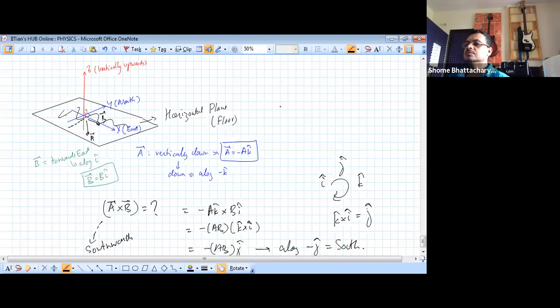So if you point your thumb downwards and your right hand fingers like this, this is vertically downwards, and your fingers are eastwards. So you see your palm will be facing in the direction of south. So that is the direction of A cross B.